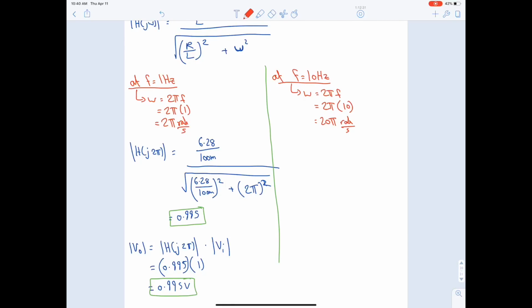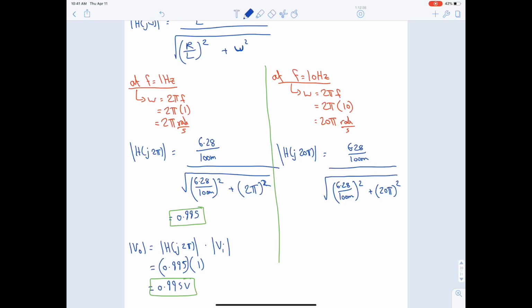Again, the magnitude at 20 pi is equal to 6.28 divided by 100 milli, divided by the square root of (6.28 over 100 milli) squared plus (20 pi) squared.